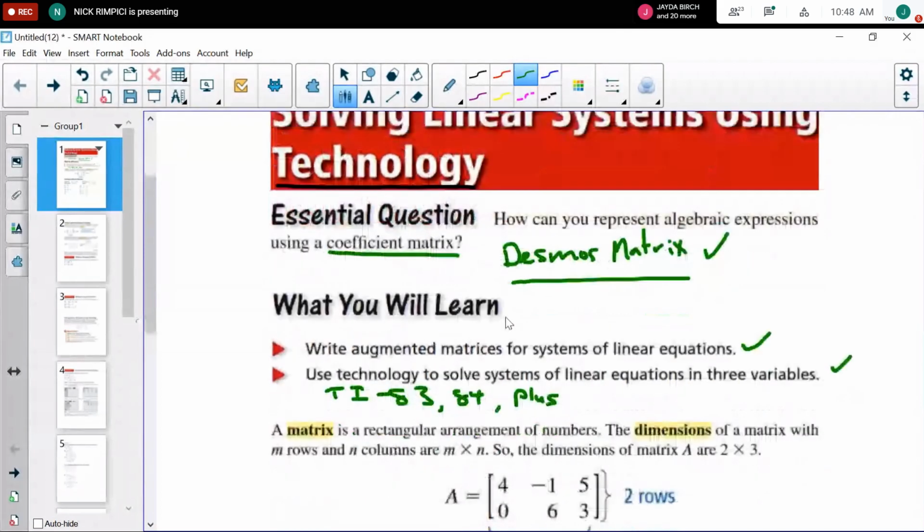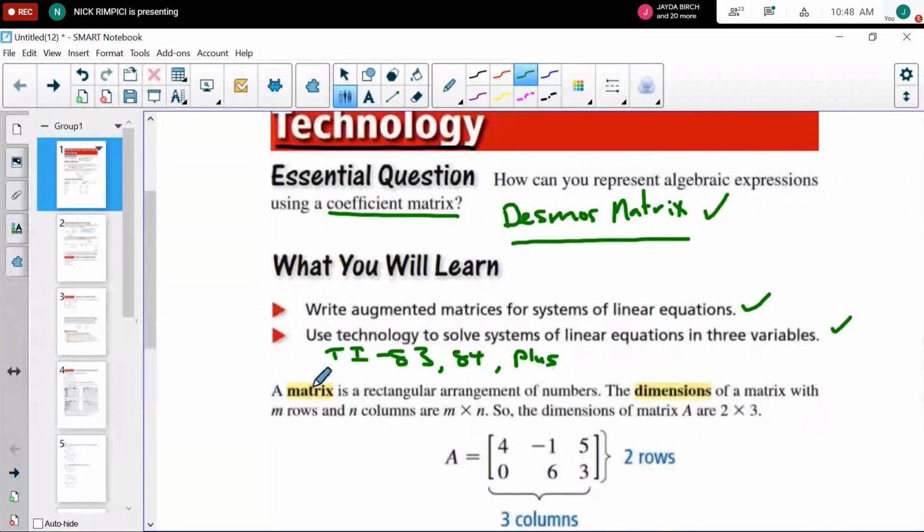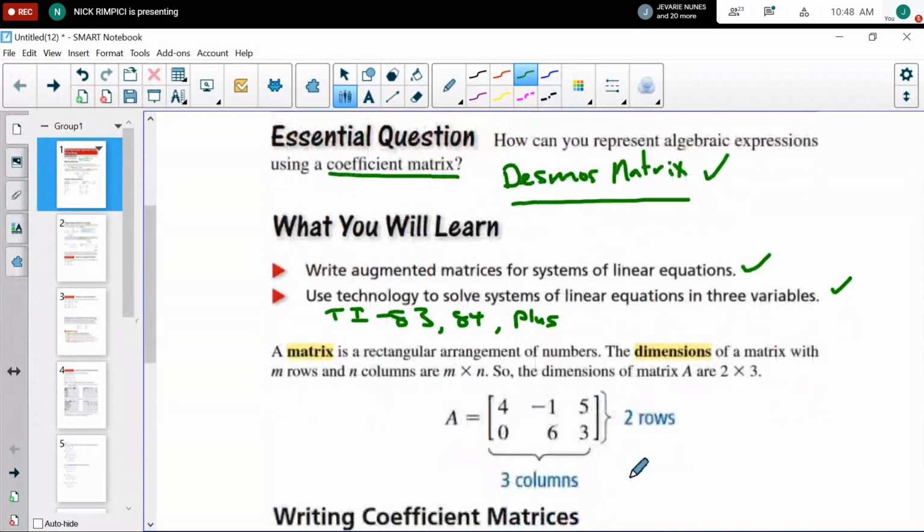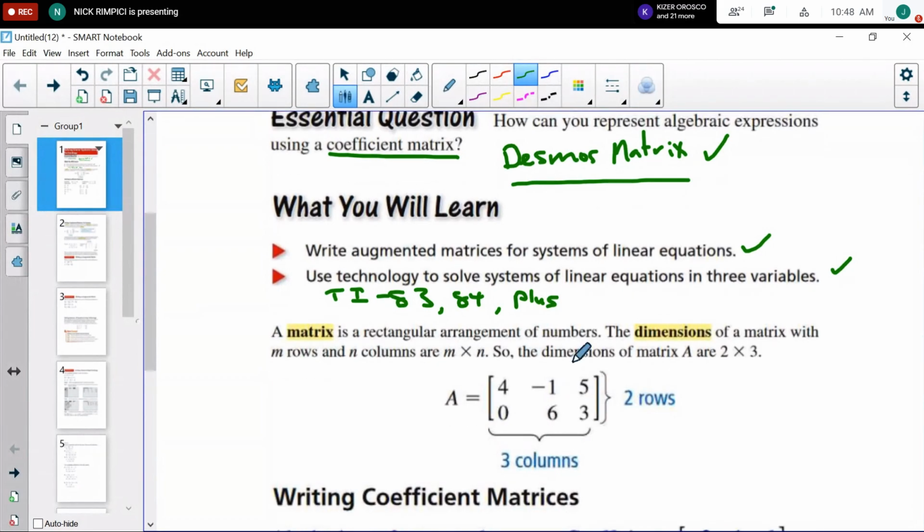Anyway, what is a matrix, which we saw yesterday? A matrix is a rectangular arrangement of numbers. There's an example. I didn't go into specifics yet. The dimensions of a matrix with m rows and n columns are m by n. So the one you see below is a 2 by 3 matrix because you have row one, row two, and then three columns: the first column, the second column, the third column.